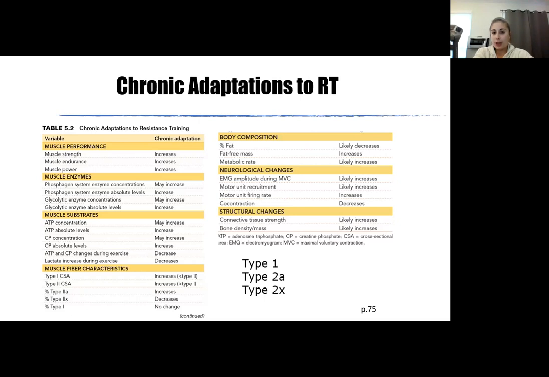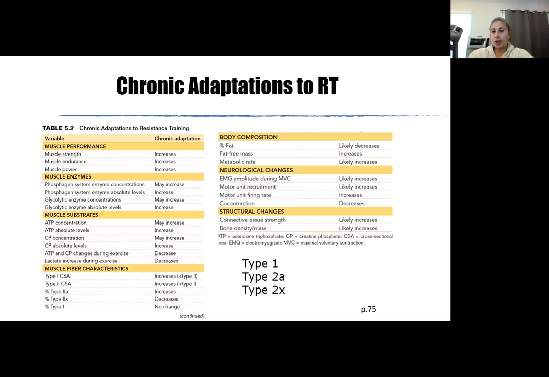Looking at body composition, we see an increase in fat-free mass, increased muscle mass. We know that happens with resistance training. Maybe a likely decrease in percent fat. What's your diet like, right? And metabolic rate likely increases, which is that resting metabolic rate.